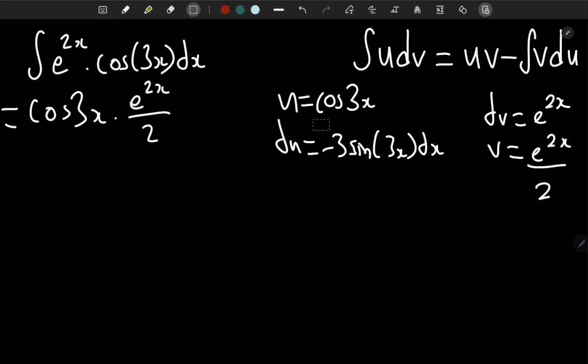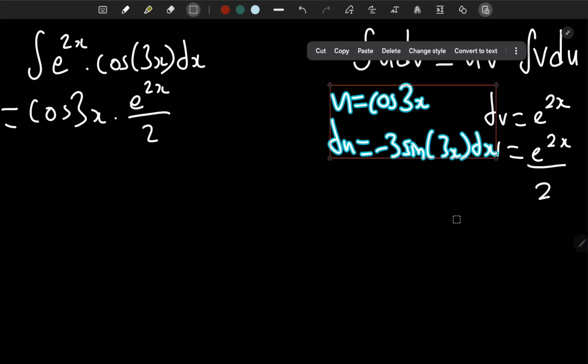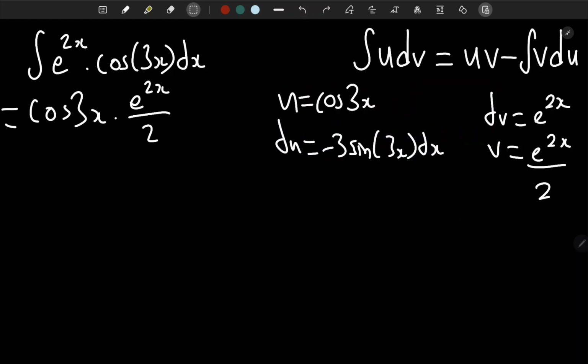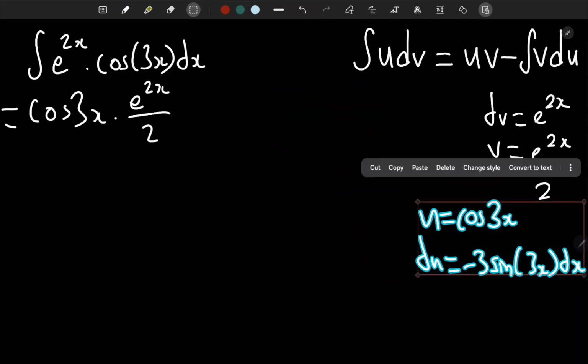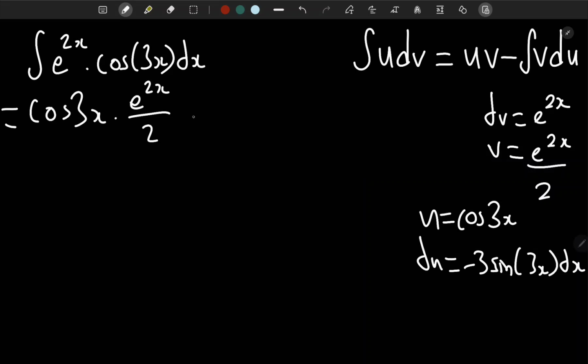Okay, I need more space again and again. Sorry about this. Yeah, that's better. Minus the integration of v du. So v here is e to the power of 2x over 2.